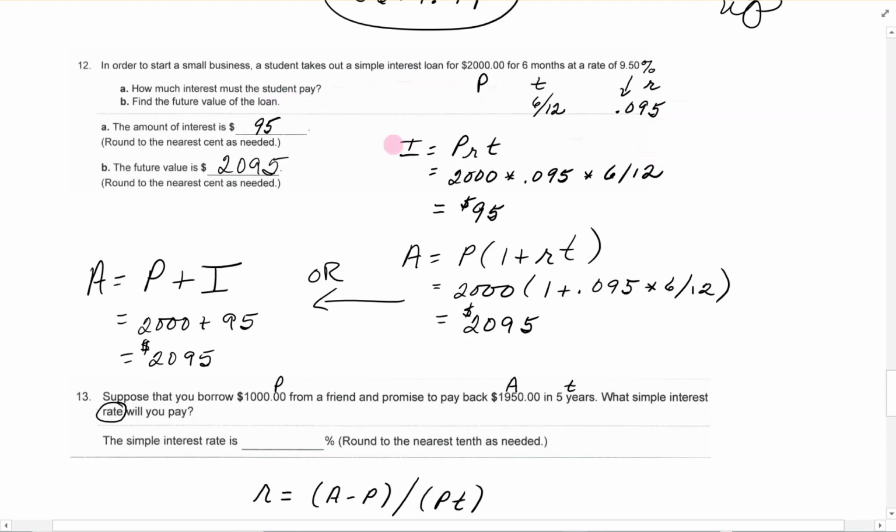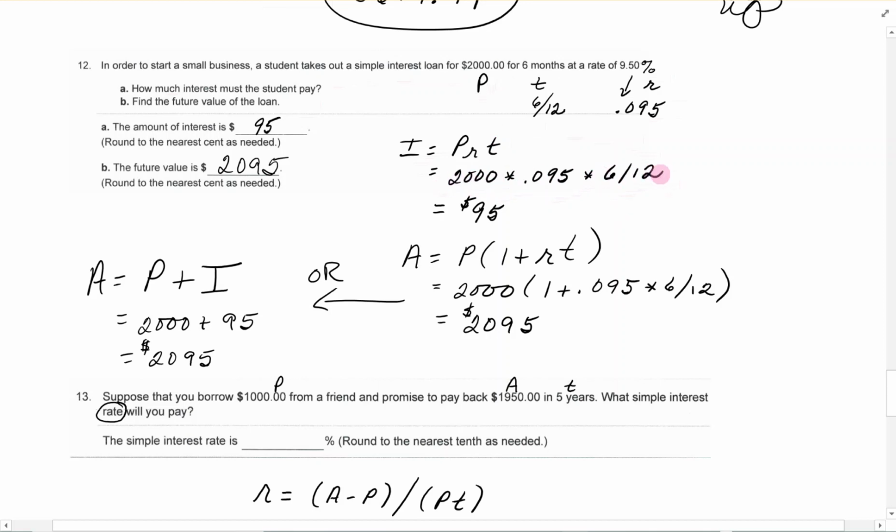All right, here's my formula for interest. To calculate our interest, we have interest is equal to principal times rate times time. That's 2,000 times 0.095 times 6 divided by 12.